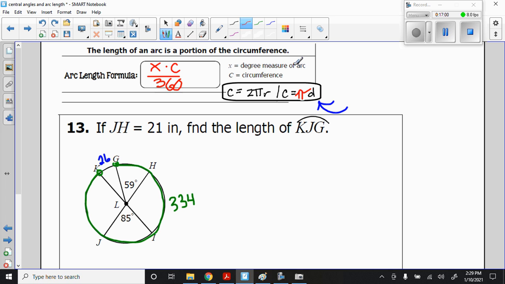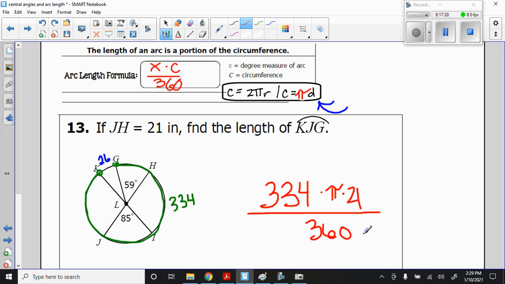The degree measure of the arc is first, and that's 334. We're using pi times diameter as the C part. So pi, and they gave us the diameter, is 21. Put that all over 360, put in your calculator, and you're done.